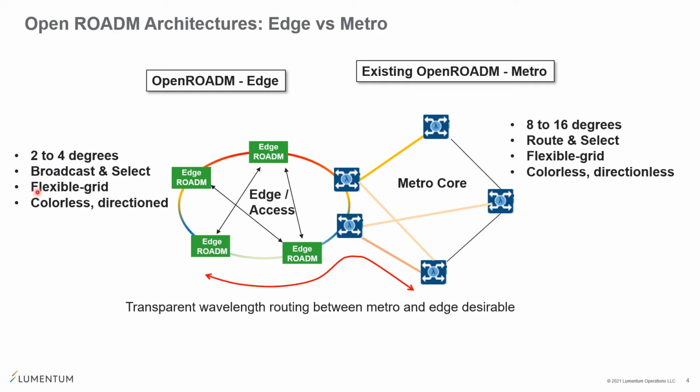The edge is also mandated to have a full flexible grid operation. And on the add-drop side, we are looking at either colorless and directioned, or colorless with directionless capability as well. But colorless is the most important aspect of it, and for the rest of the add-drop, it could be directioned, it doesn't matter.